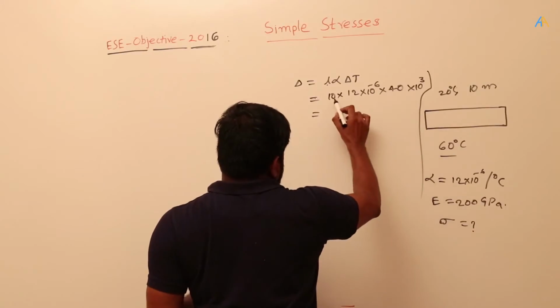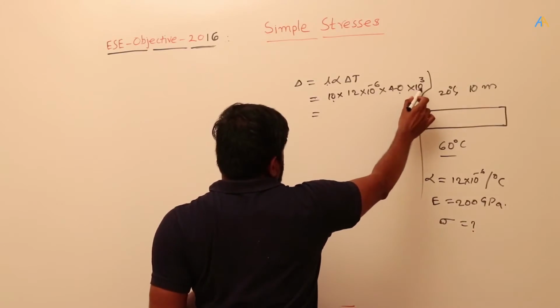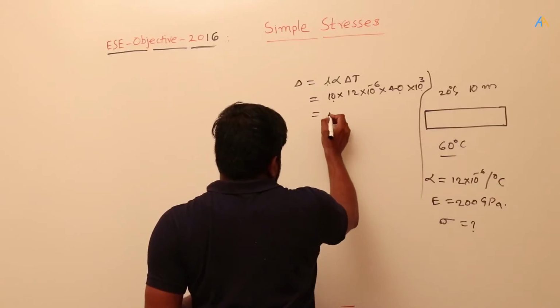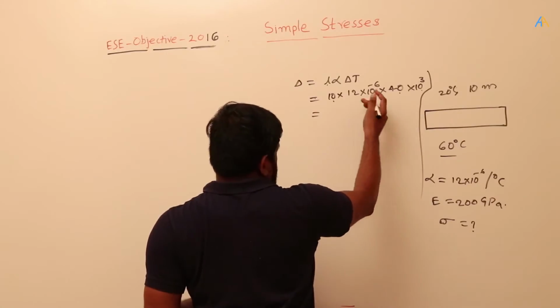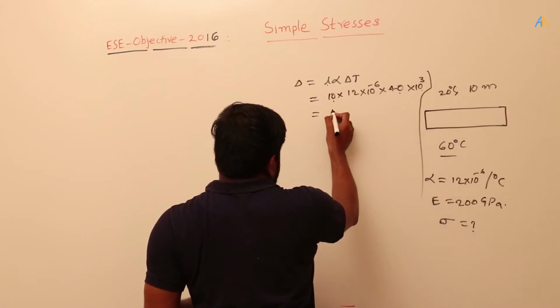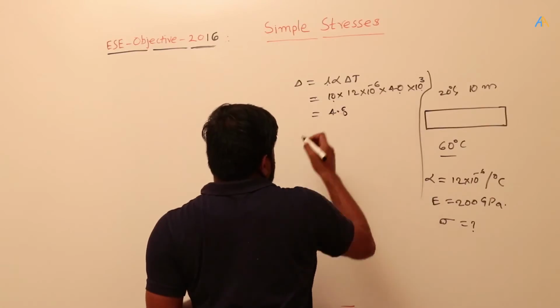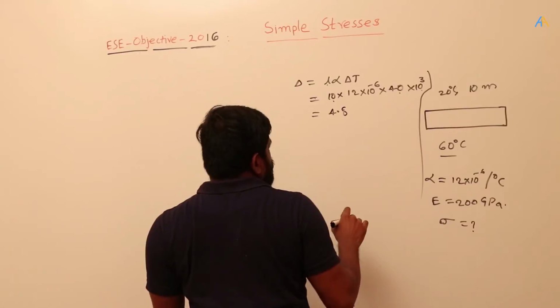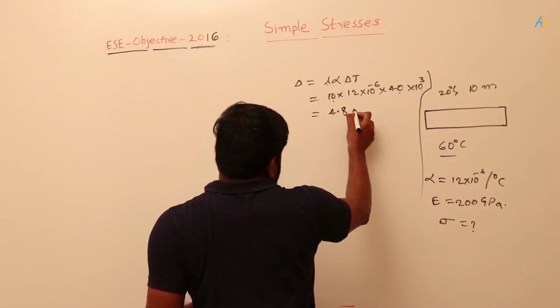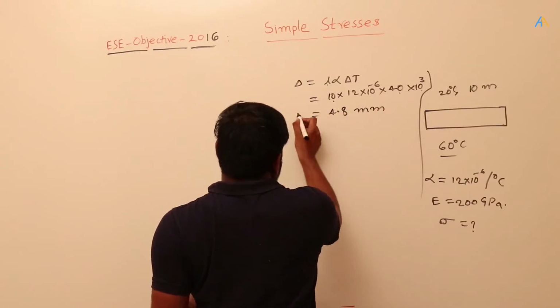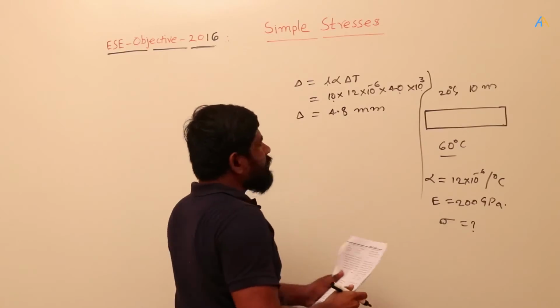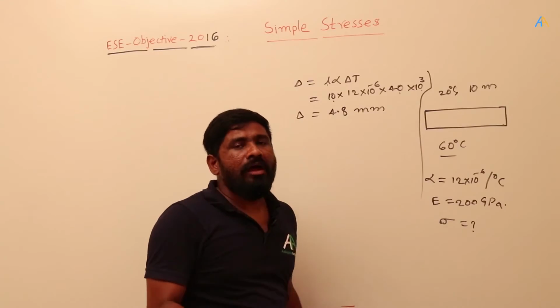Then you do the calculation and finally you will get 4.8. 4 into 12, how much? 40. 2 into 4, 8. 4.8 mm. So you are getting 4.8 mm elongation.